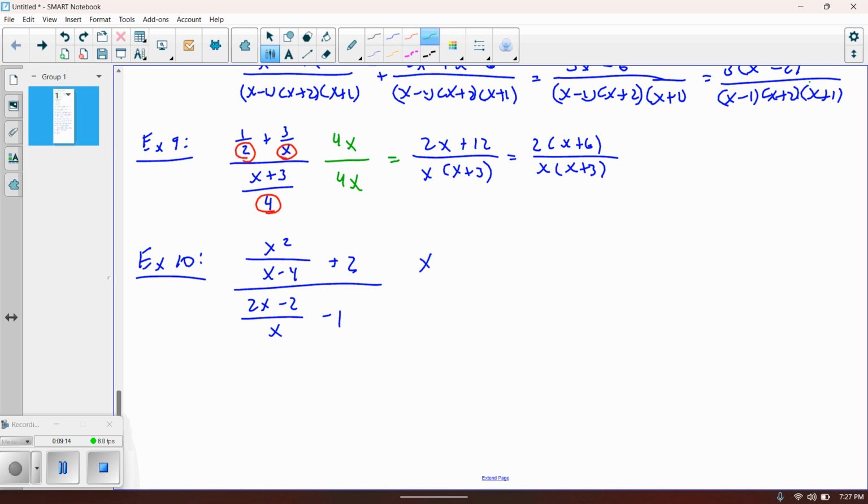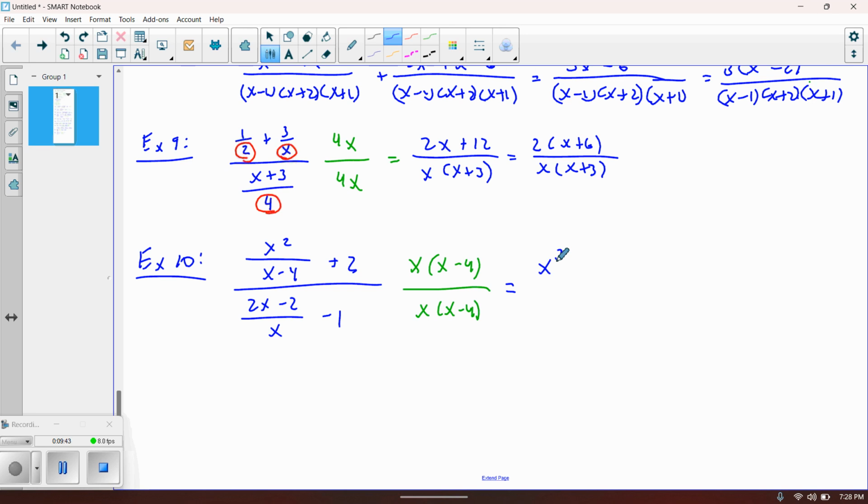It's supposed to be in green. X, why is that in blue? X, there we go. X minus 4 and x minus 4. So multiplying that first fraction on the upper left, x squared over x minus 4, times the x minus 4, the x minus 4s are going to go away. You're going to have an x squared times an x, which will give us an x cubed.